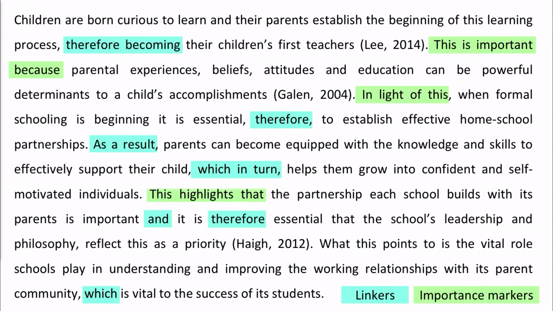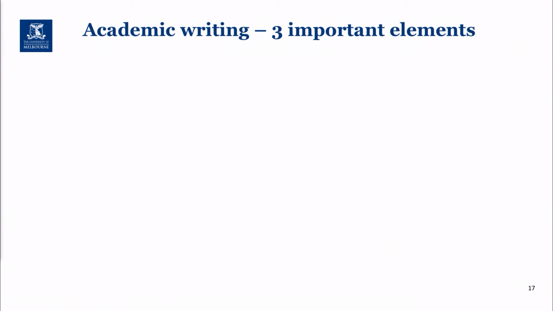This is important. In light of this, this highlights that, what this points to, and what you can see. This is the same paragraph as the one before, with the linkers and the importance markers put in, the content's the same. What this does, it gives us our narrative thread. It gives us our cohesion and our interpretation. It makes our writing much more powerful.